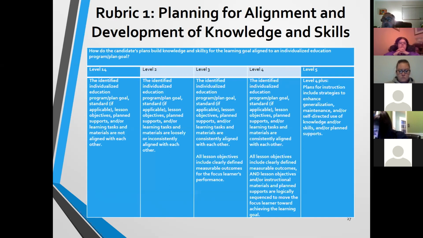Where does the learning goal need to come from? The learning goal needs to come from the IEP. So we see that right here, Individualized Education Plan. So in special ed, your learning goal has to align in some way with the IEP that you're using.